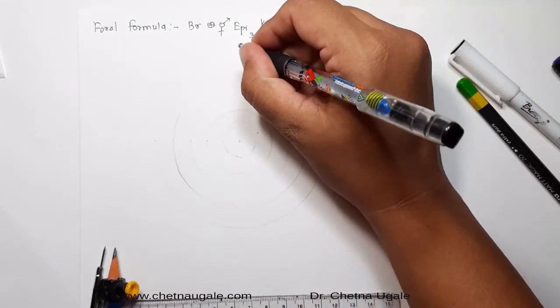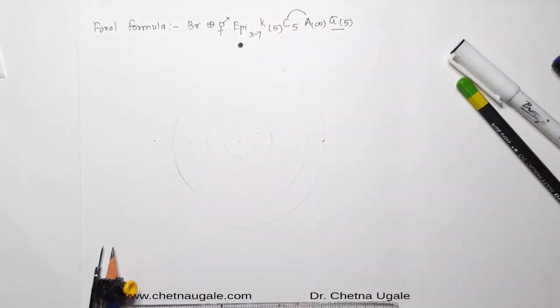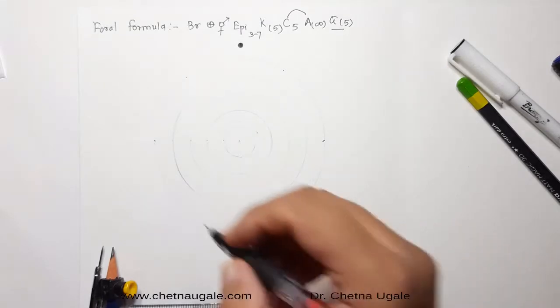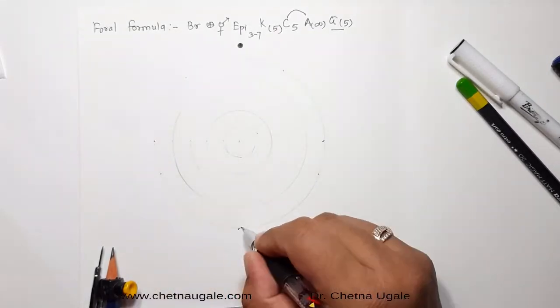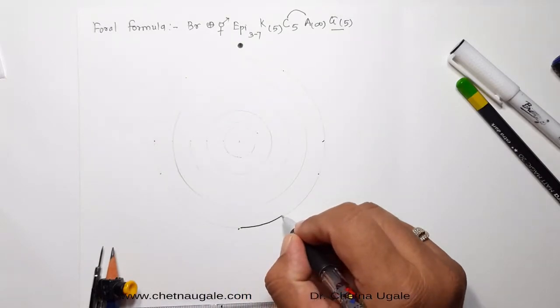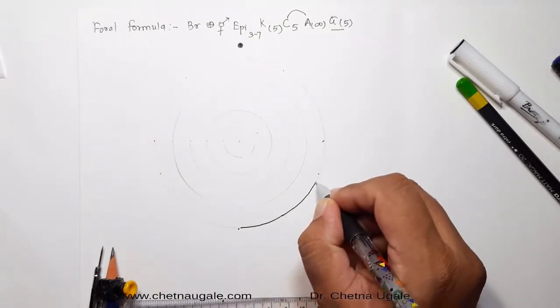The mother axis. Next to the mother axis, there is the presence of the outermost floral whorl, that is the epicalyx. The epicalyx generally ranges from 3 to 7 in number in the case of the Malvaceae family.